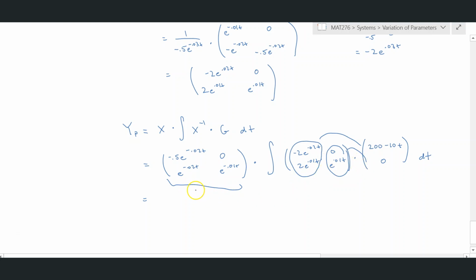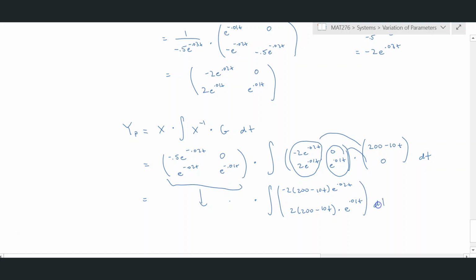So we will have this carried down times the integral of negative 2 times 200 minus 10t multiplied by e to the 0.02t. That'll be the top component. And then we'll have 2 times 200 minus 10t multiplied by e to the positive 0.01t.